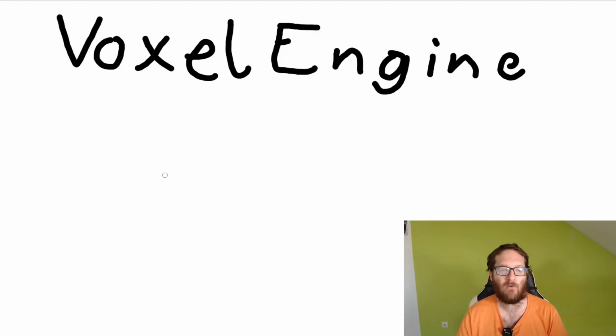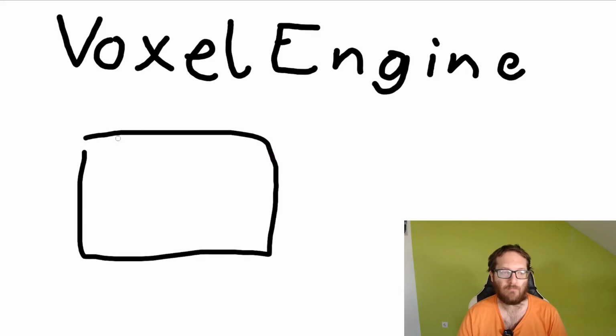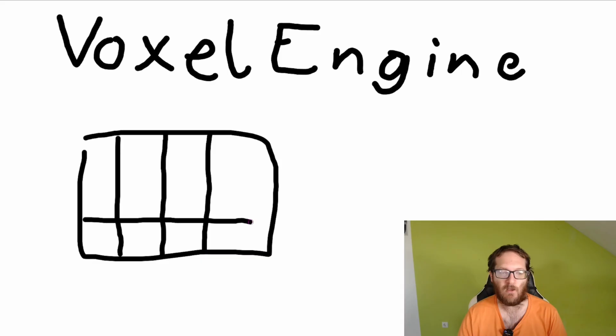With pixels, we just have a grid. With pixels we make an image based on a grid.